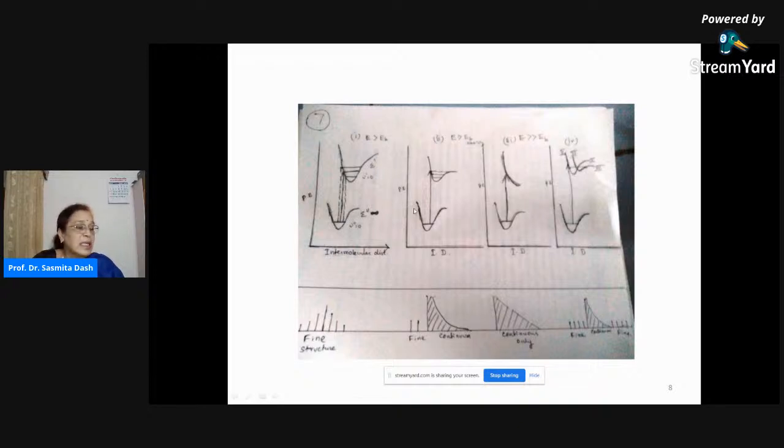In this case, the molecule from the ground state is raised to a higher electronic level, acquiring a quantum level which is just above the stability level. That is, E is slightly greater than EB. EB is the binding energy, the energy which binds the molecules together.